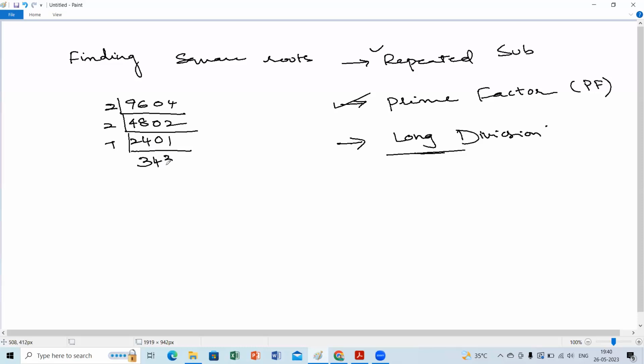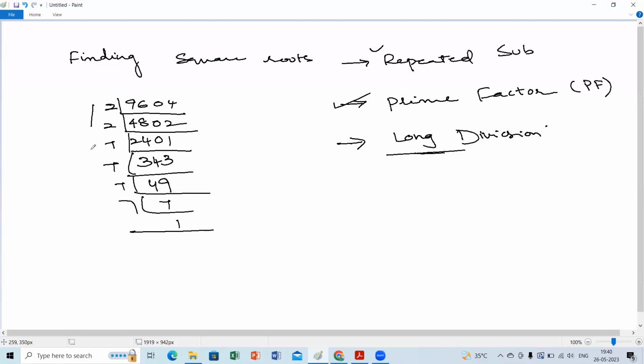You know very well it's 7 cube, right, children? Then 49. Once again it is divisible by 7, 7 sevens are 49. Then 7. You can pair up, children.